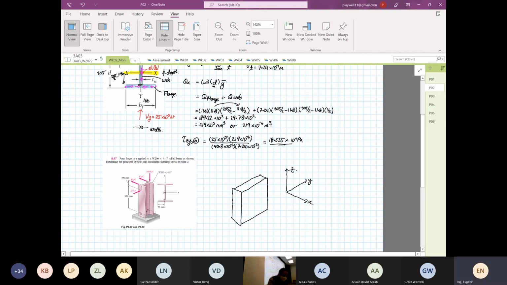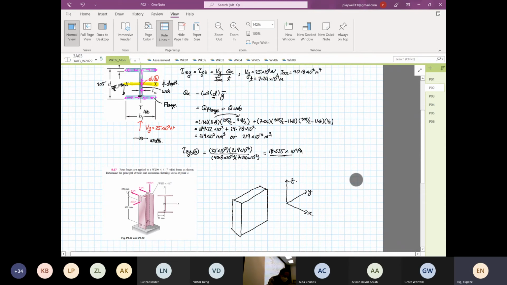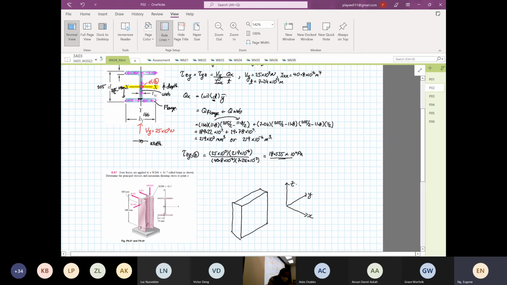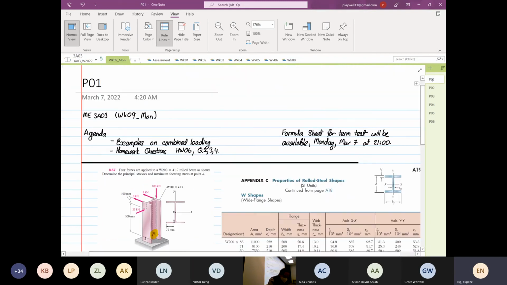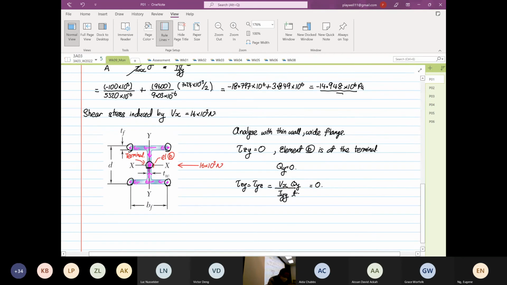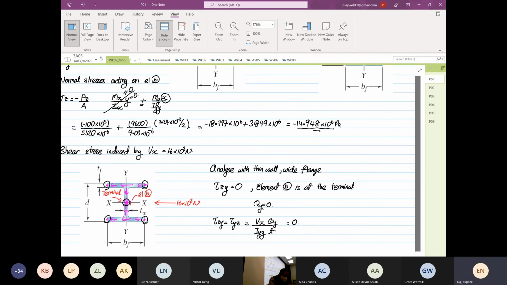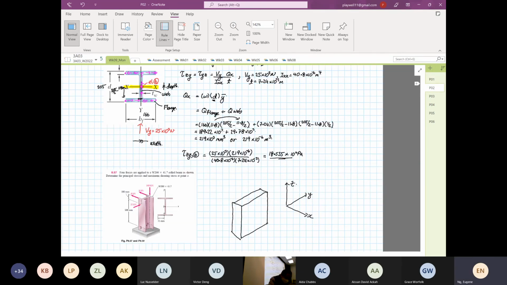Okay. And then we know that our Z, which we calculated, is compression. Is it compression or tensile? I can't remember now. Sorry. So it's compression, 14.948. So we have compression 14.948 times 10 to the power 6 Pascal. And the shear stress will follow the shear flow.